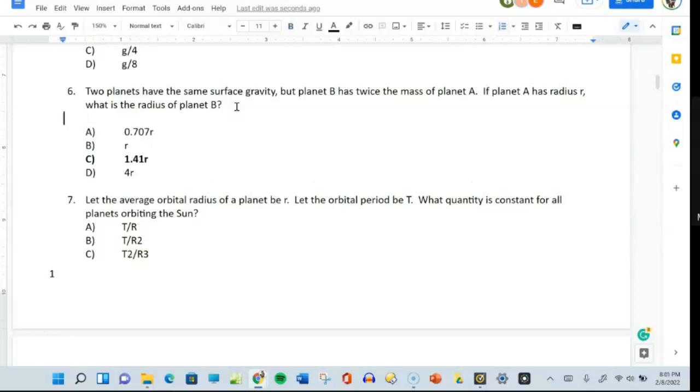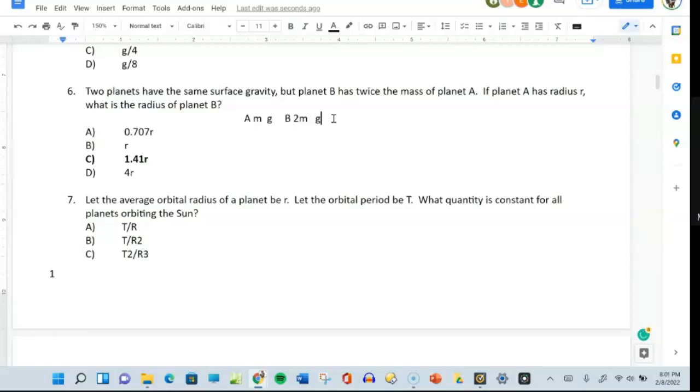Just the general procedure, if there's a lot going on, is to take a little table. We've got A and B. Planet B is twice the mass, so A is M, and B is 2M, right? Same G. I wouldn't do it like this.